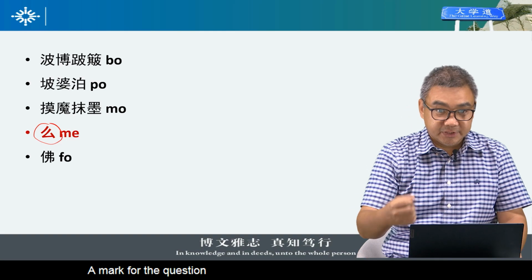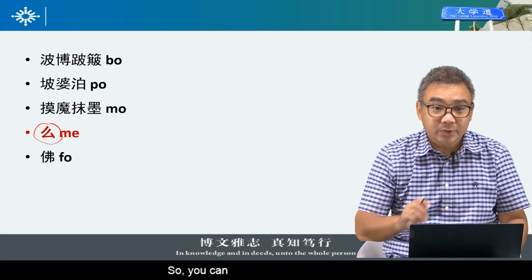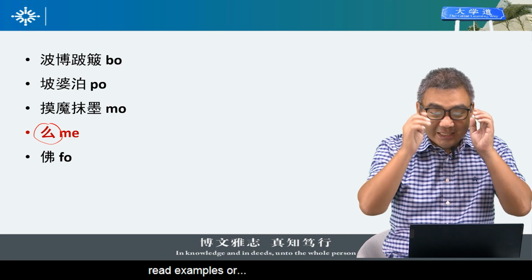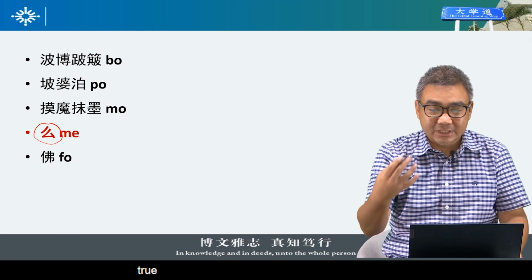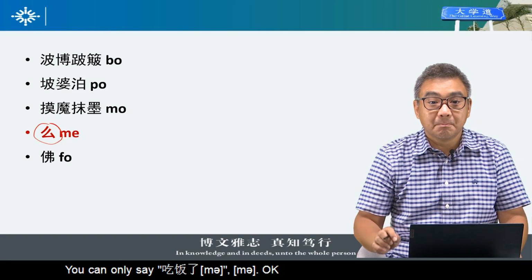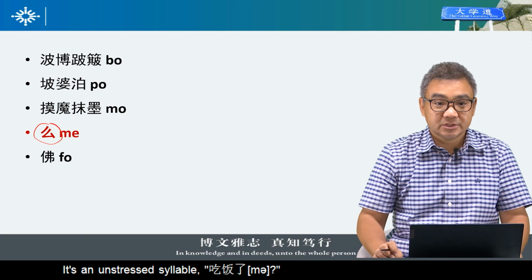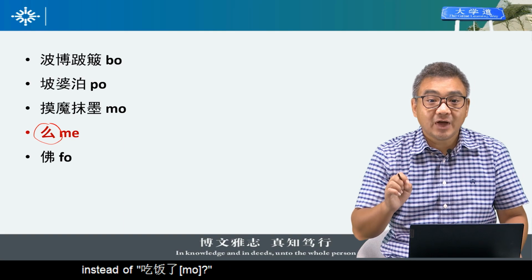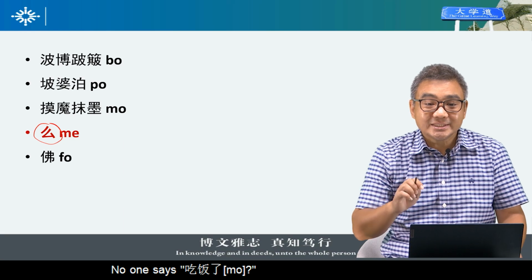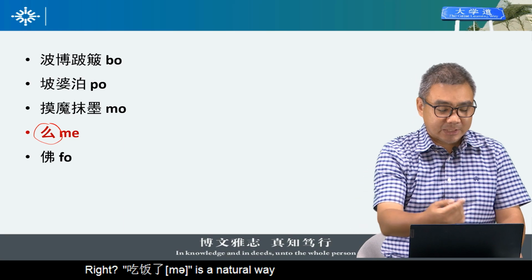A mark of the question sentence, obviously. So you can give some examples, for example, 吃饭了吗? You can only say 吃饭了吗, okay? It's an unstressed syllable, 吃饭了吗? Instead of 吃饭了么, no one says 吃饭了么, right? 吃饭了吗 is the natural way.